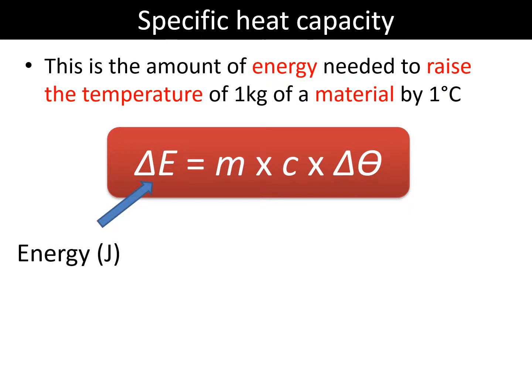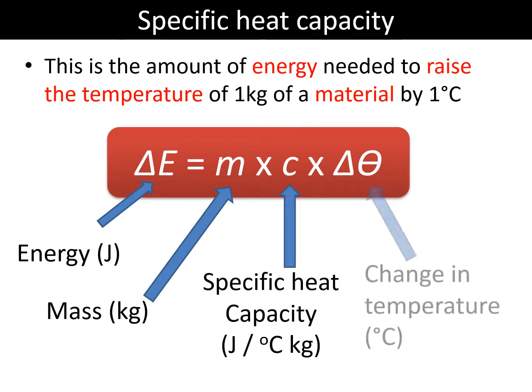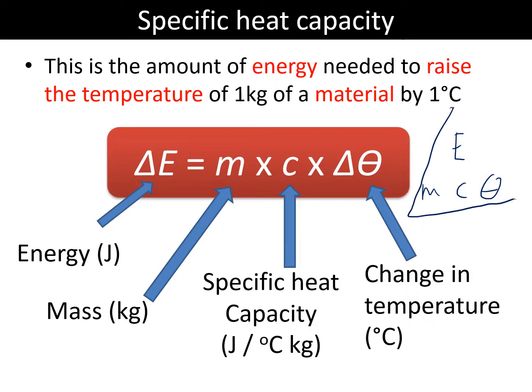Now, you do need to know the units for all these different quantities. The weird one is this one here. Now, I know that some people like having their formulas done in triangles, so if that was the case, E would be at the top, and it would look something like this, okay?